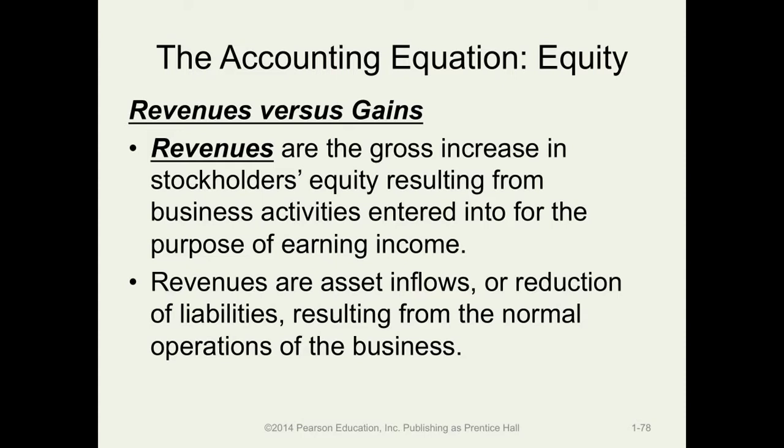And you might say, well, I understand that when I sell a product, I get cash, so I know that revenues would be asset inflows, but the question I guess you have in your mind is how can a revenue be a reduction of a liability?